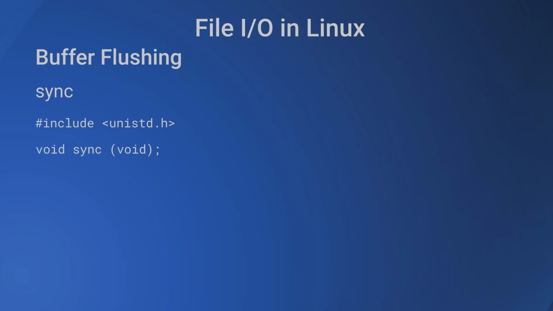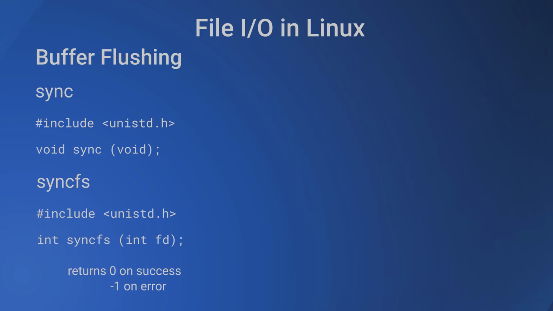Sync does not return anything. It is always successful. Then there is syncfs, which is just like sync, but it synchronizes only the buffers of the file system containing the file referred to by the file descriptor fd. Syncfs returns 0 on success, -1 on error. Syncfs is specific to Linux only.